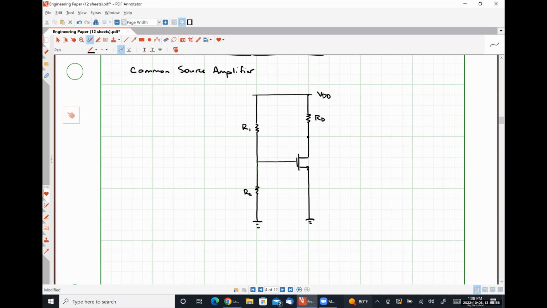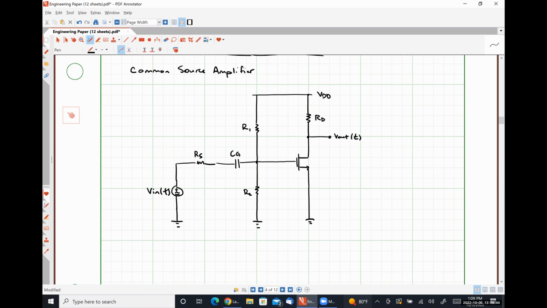Our source will be tied directly to ground. And then we would have to capacitively couple our input signal to our DC biasing circuit, like so, to measure some output voltage as a function of time here.